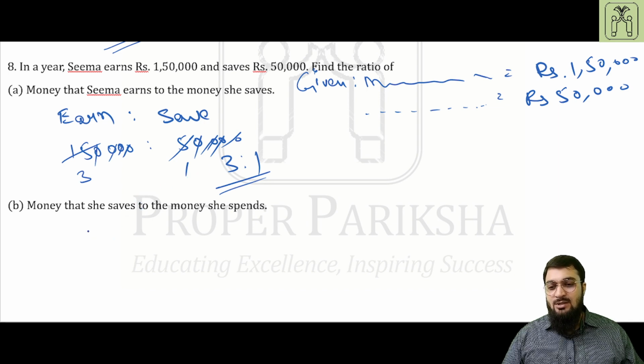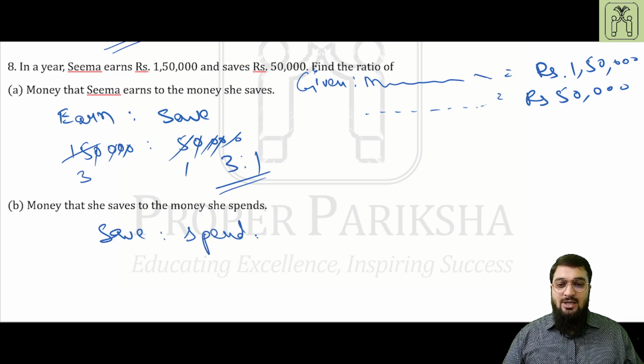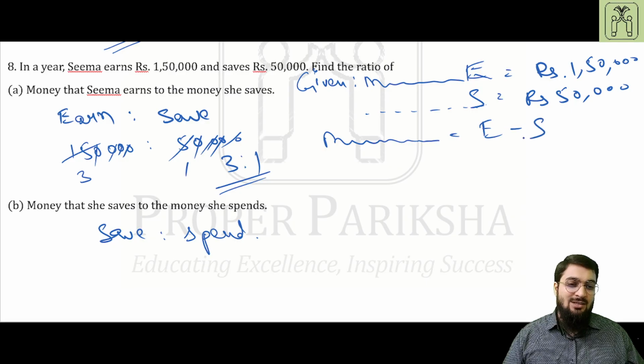And the next part is money that she saves to money she spends, that is save is to spend. And what is the spend? Money Seema spends in a year is equal to the total money she earns minus the money she saves. So that will be E minus S is equal to your answer, that is 1 lakh.